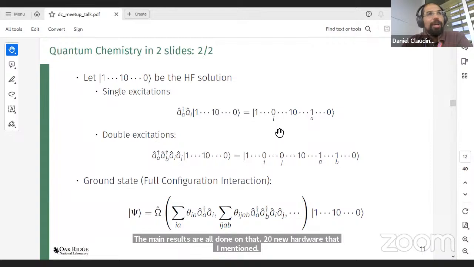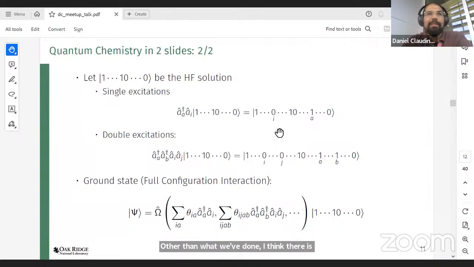Other than what we've done, I think there is a group in Australia that works with a quite different expansion, but still within this realm of Holmes expansion. I think they work closely with IBM, and I'm aware of one paper where they do some simulations on the IBM hardware. That's all that I'm aware of.